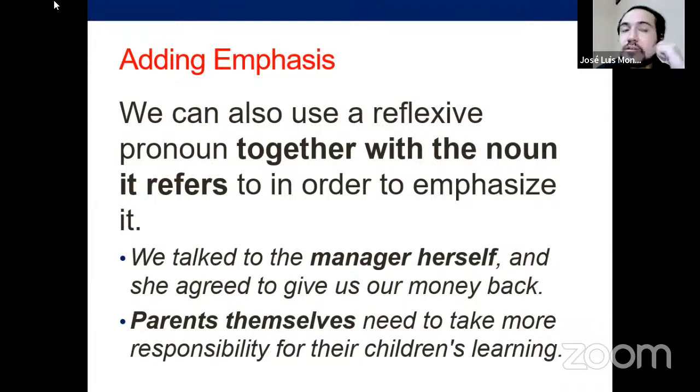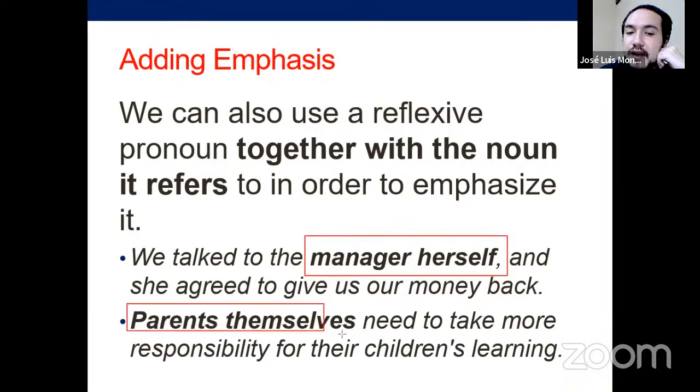So what difference do you see? In this case it is also for emphasis, but the main difference is that you use it next to the nouns, right? We talked to the manager herself, parents themselves. It means she, the manager, to put emphasis on the idea that it was the manager. Parents themselves, they, the parents, all right?